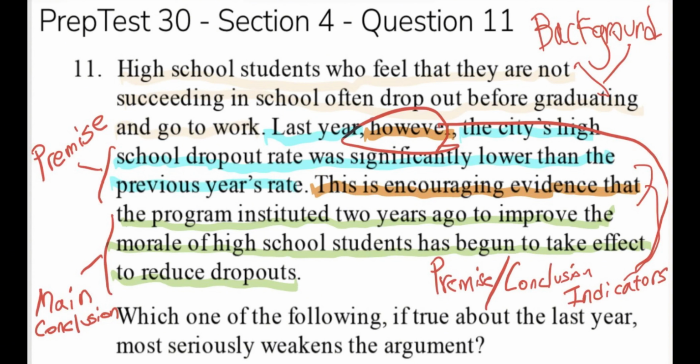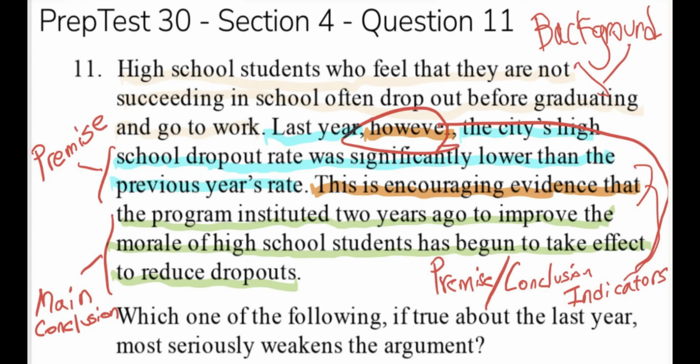I'd first begin by highlighting the last sentence, from the program to take effect, in green. Then highlight this is encouraging evidence that in orange, because it is a premise, conclusion indicating phrase. In this case, the preceding sentence becomes a premise because the phrase explicitly refers to it as evidence.